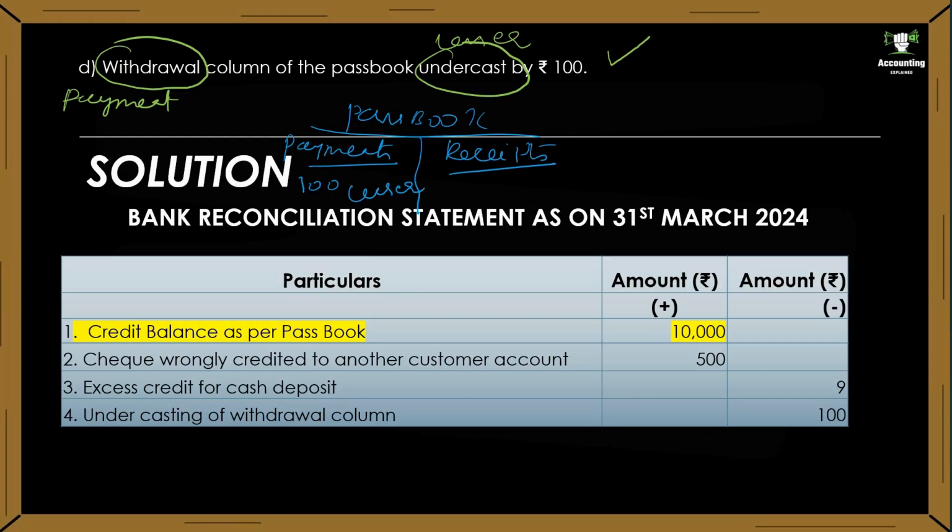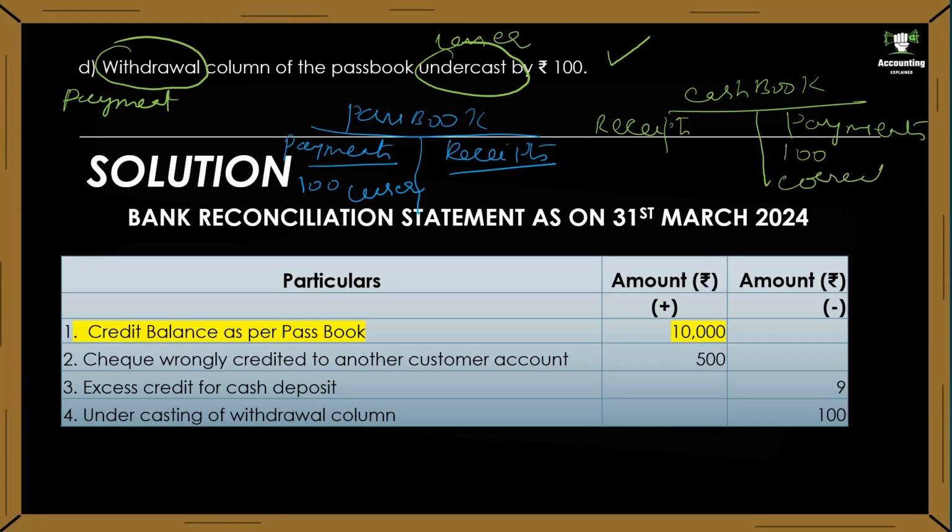Whereas in the cash book, on the left side is what? Receipts. On the right side, payments. I am writing this again and again so that you will grasp how a passbook and a cash book look, and without any confusion you will be able to solve the problem. In the cash book, on the payment side, rupees 100 is recorded correctly.